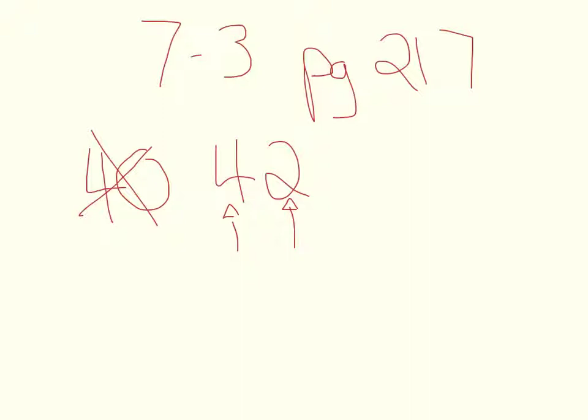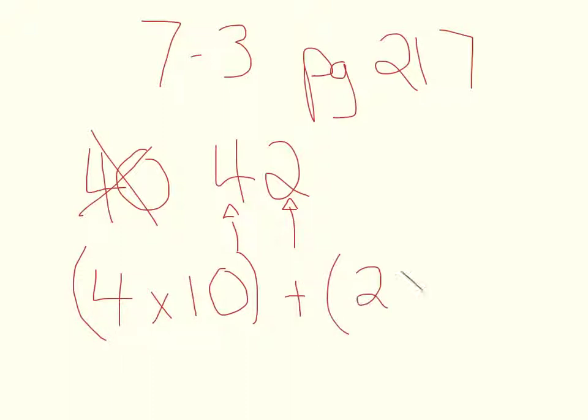The 4 is in the 10s place, and the 2 is in the 1s place. So in expanded notation, it would look like this: 4 times 10, in brackets, that's 40, plus 2 times 1. And that's what expanded notation looks like.